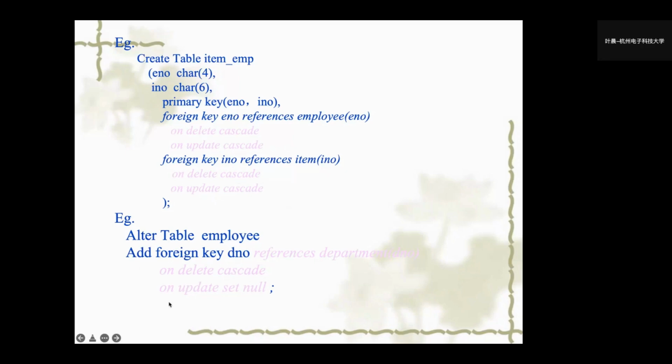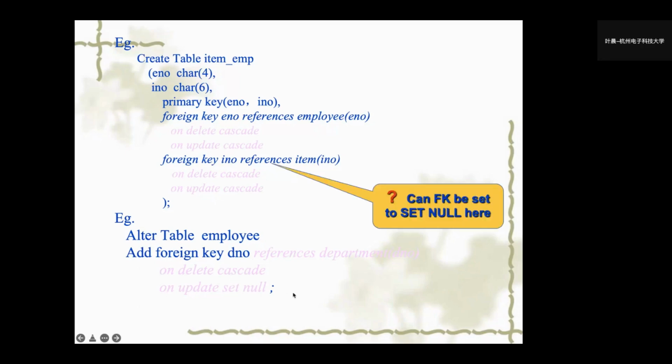And we can write on update set null. And this means that if the value of DNO in department is updated, then the corresponding value in our employee table, this DNO, is set to null.